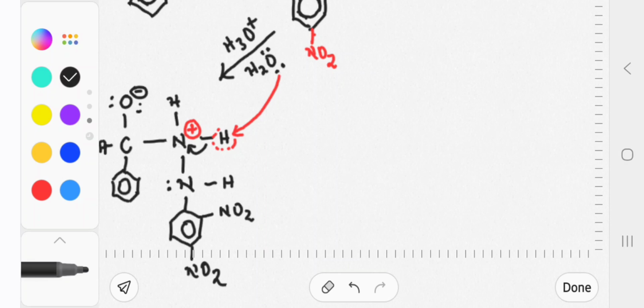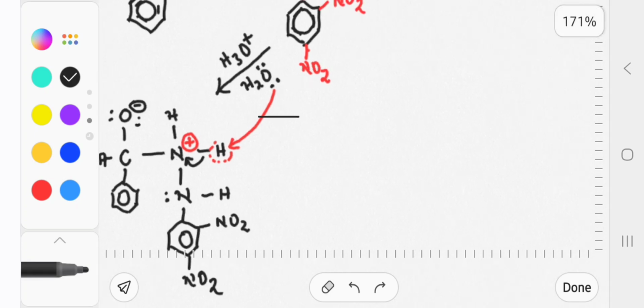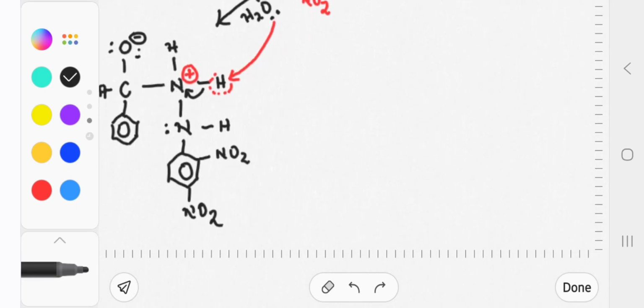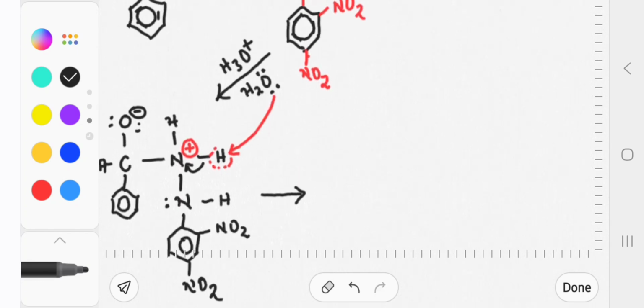Can you see? So when nitrogen withdraws the bonding electrons of hydrogen to itself, to stabilize this charge, we are going to have this nucleophile here picking up the hydrogen. So when this happens, what we are going to get is what I'm going to draw here. I hope this is understood.